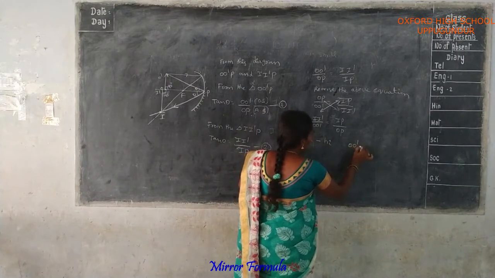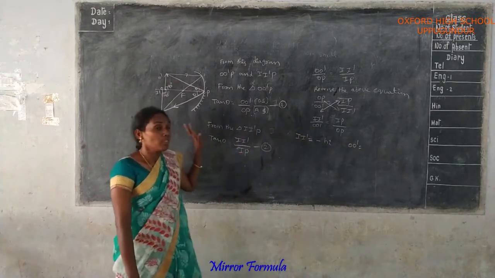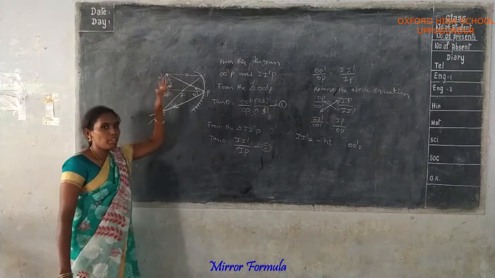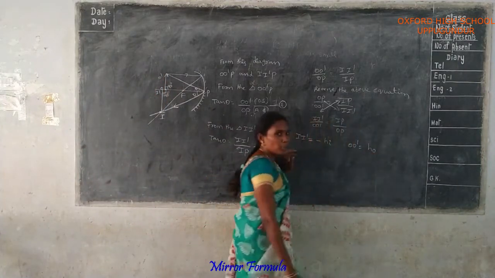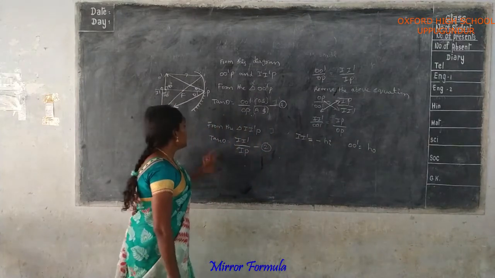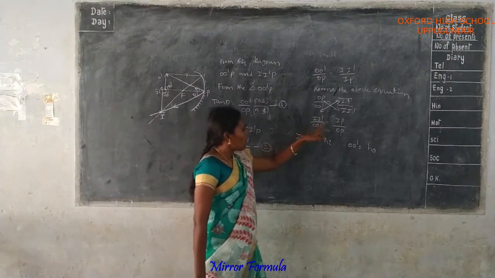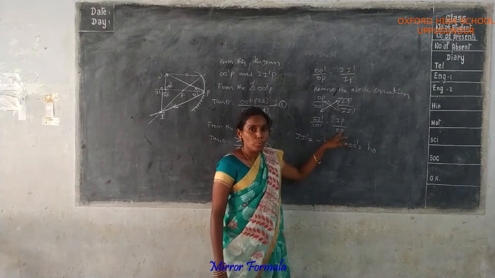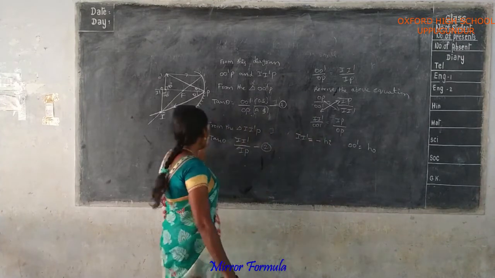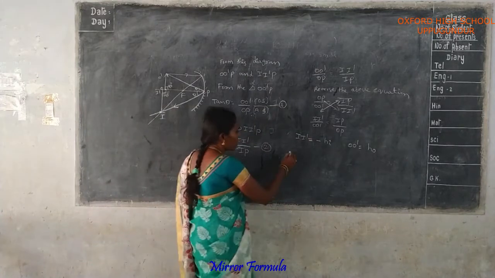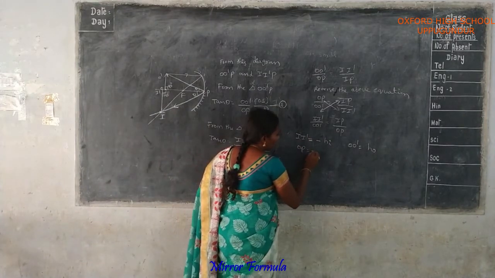O dash means height of the object, kept above the principal axis, so it is positive. OP means the distance from pole to object, called the object distance. Object distance is always taken as negative, OP is equal to minus u.